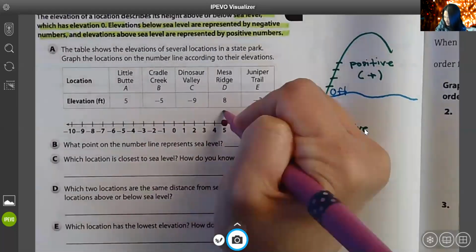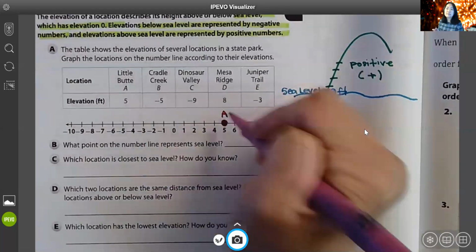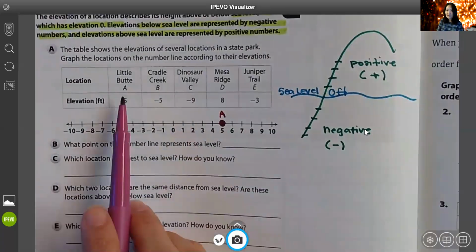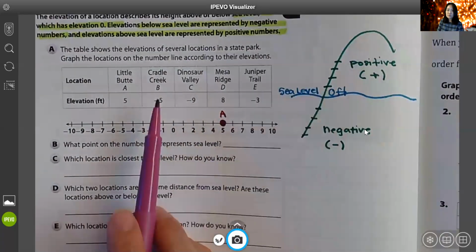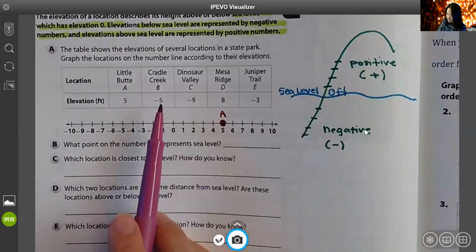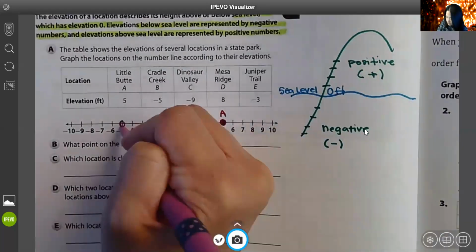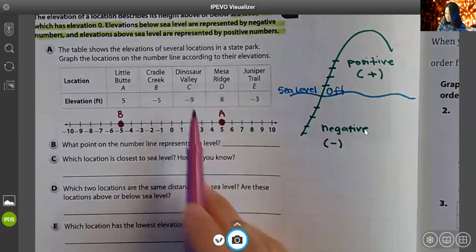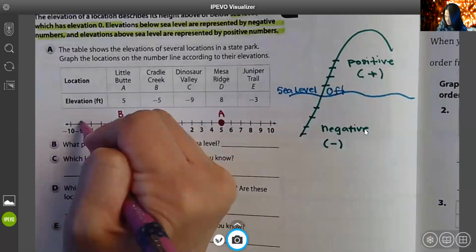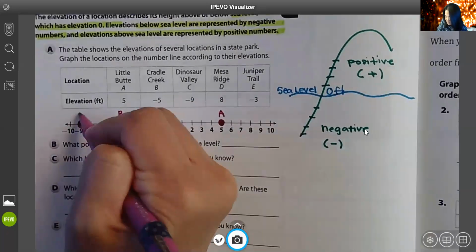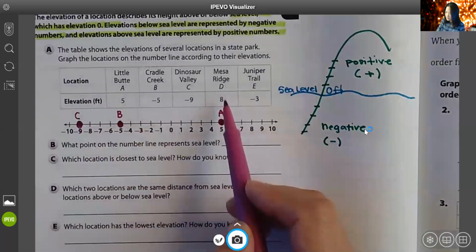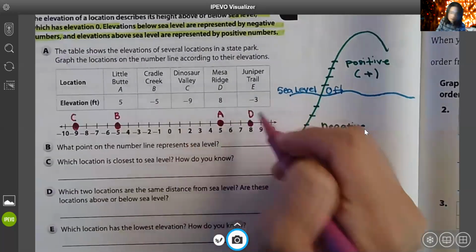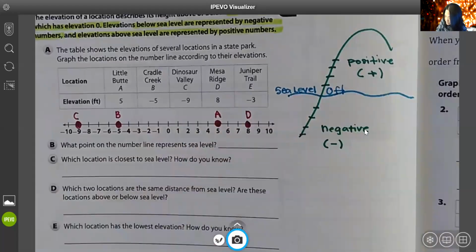Even though they didn't ask you to, we want to label them if we can, so I will label it letter A. Now we're going to plot the point -5, which is right here, and we'll call it B. C is negative 9, so further to the left. D is positive 8. And finally, E is negative 3.